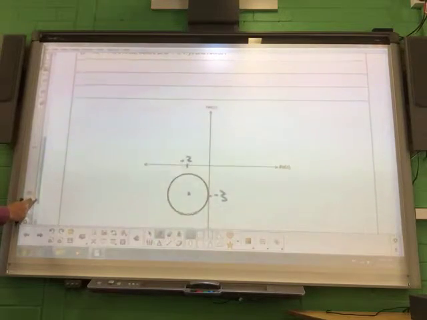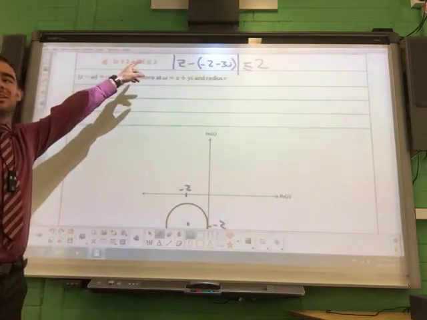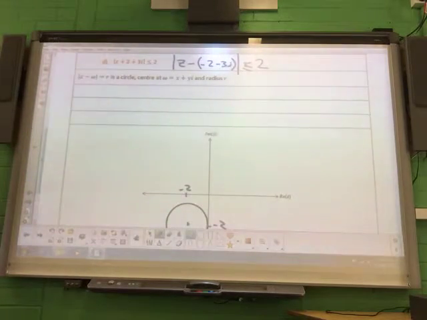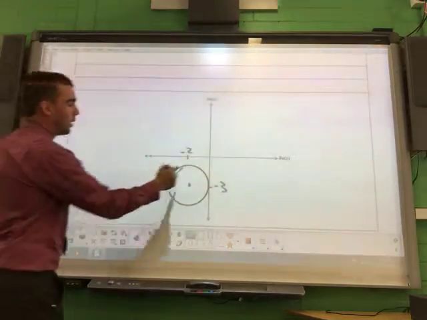Oh, what have I forgot to do here? Define the region. Yeah, I haven't defined the region because of the inequality. Okay, so it's going to be less than 2. Okay, so that means it's going to be inside the circle.